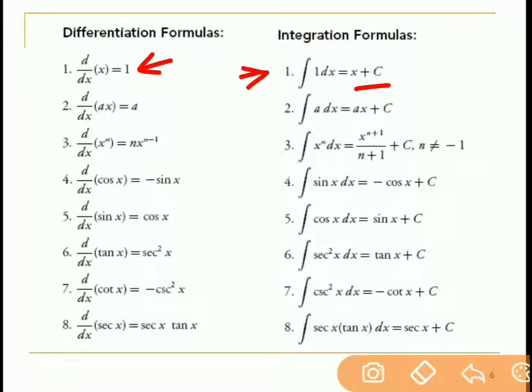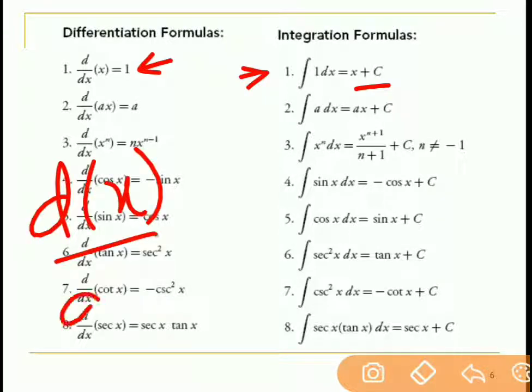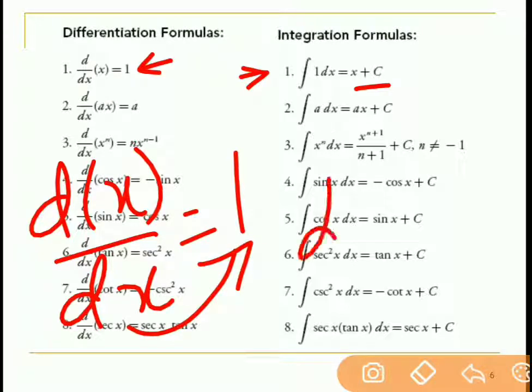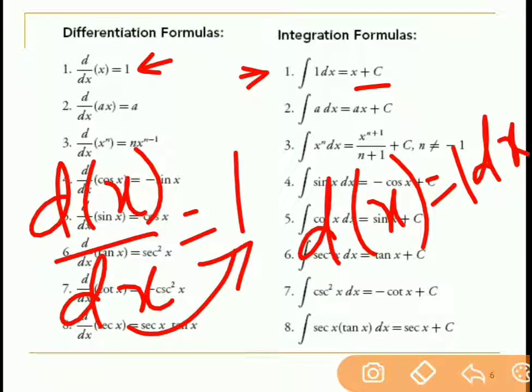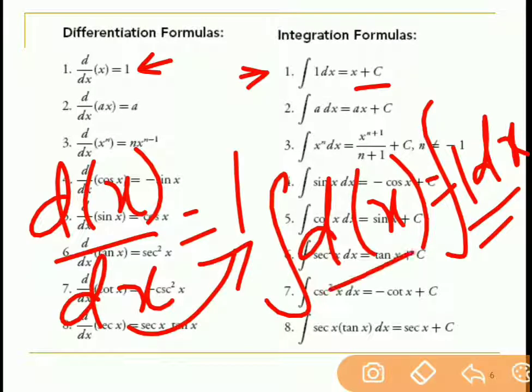If we take differentiation of x with respect to x, it is equal to 1. Then if we take this dx on the right hand side, then dx is equal to 1 into dx, and if we take the integration on both the sides, we will get integration of 1 into dx is equal to x.